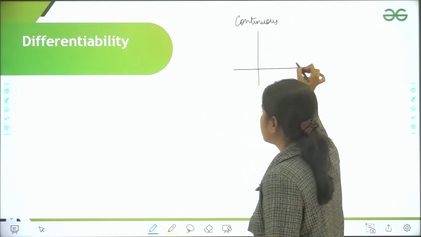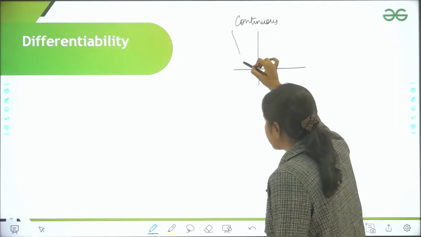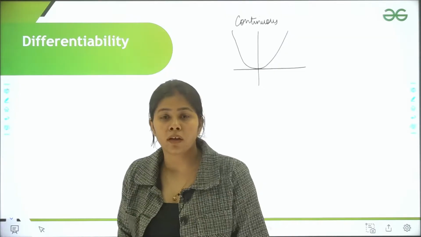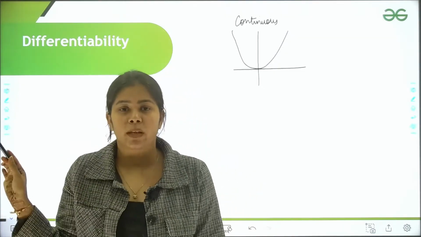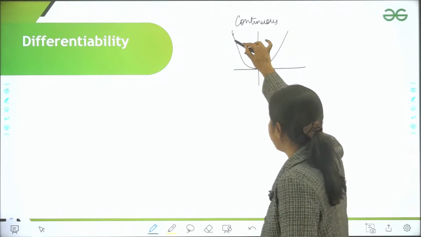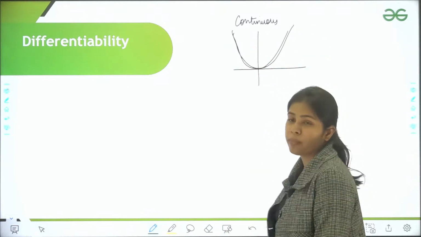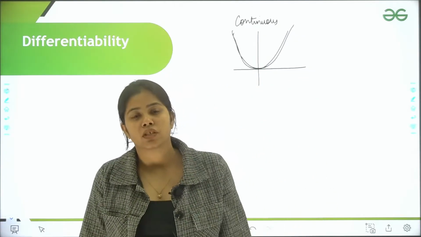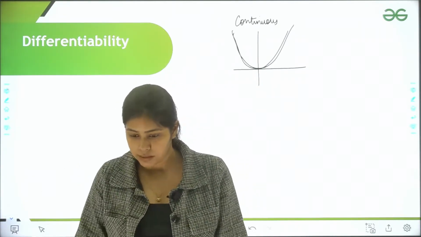Continuous functions are those functions, let's suppose y equals x square is given to me. If I can trace the graph of a function without lifting my pen, then I'll say that function is continuous. So here if I start from the left hand side, I can trace the graph without lifting my pen, so that's why it's continuous. That means if there is no break in the function, then I'll say that function is continuous.